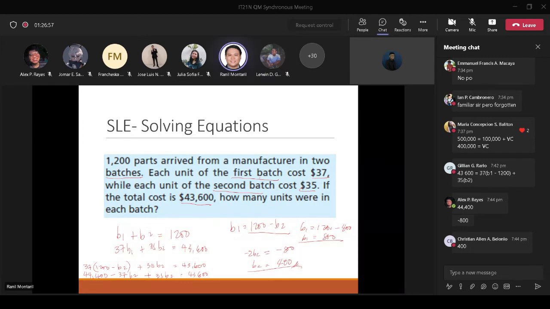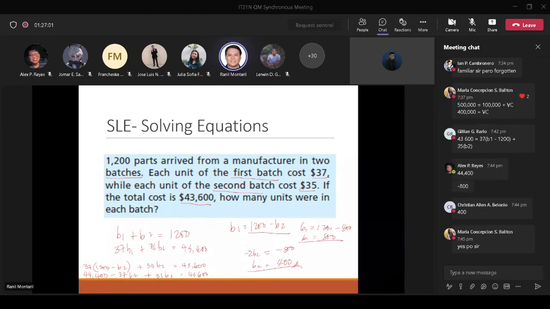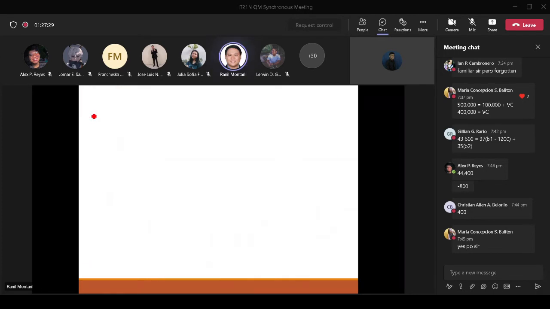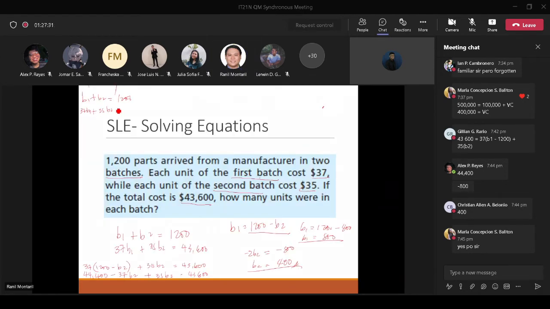Now, let's solve this using elimination. Normally, in elimination, we eliminate one variable. Maybe some of you remember this. B1 plus B2 is equal to 1,200, and 37B1 plus 35B2 is equal to 43,600.